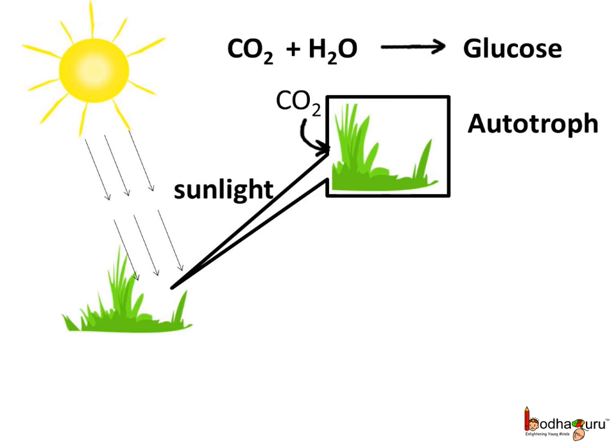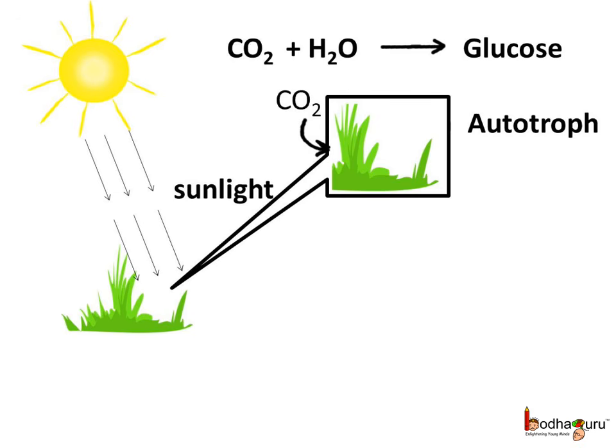So all the living organisms need food for energy. The green plants, as we know, make their own food during the photosynthesis process, and hence they are called autotrophs. Auto means self and the Greek word troph means nourishment or food.